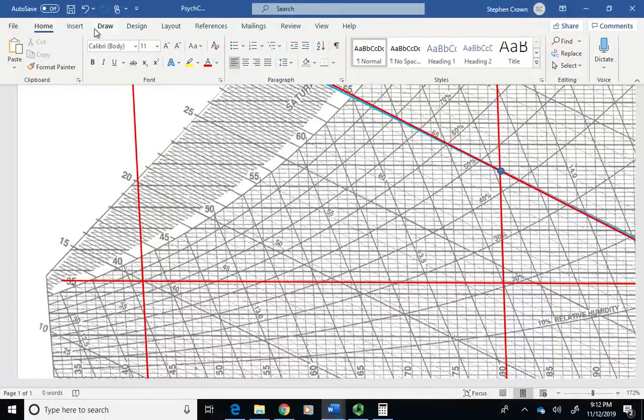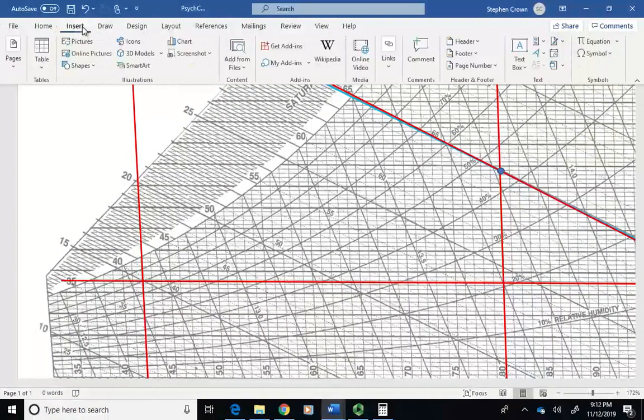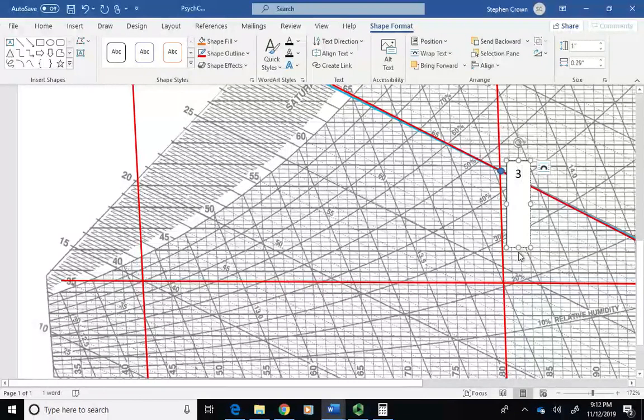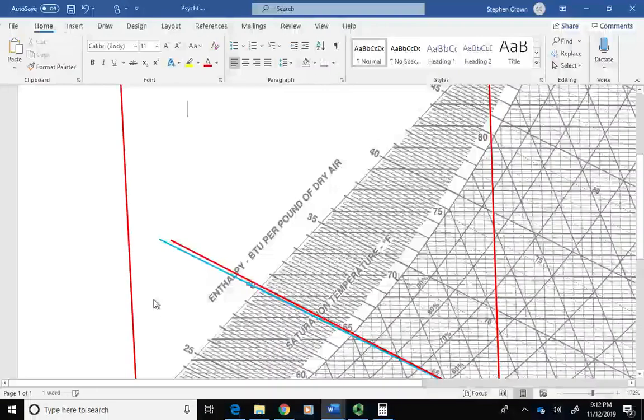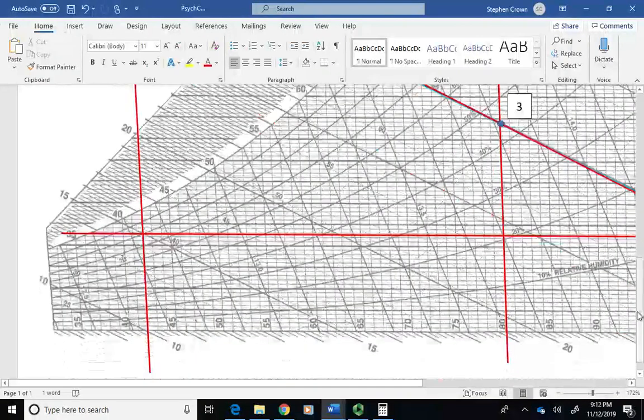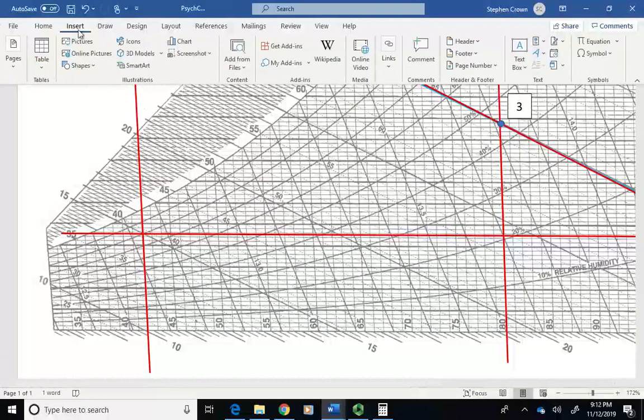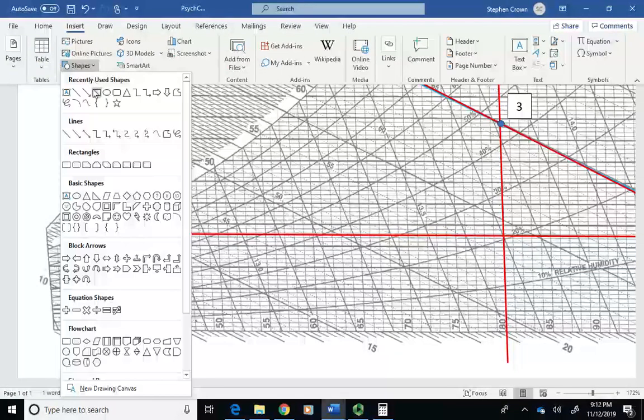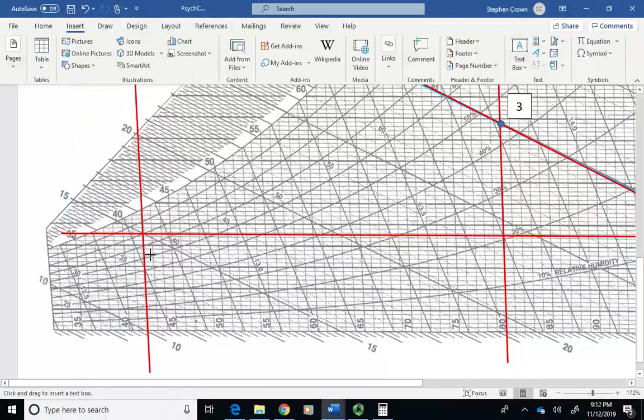And if I insert some text, let's put a little text box here. So this is state 3. And over here, state 2.